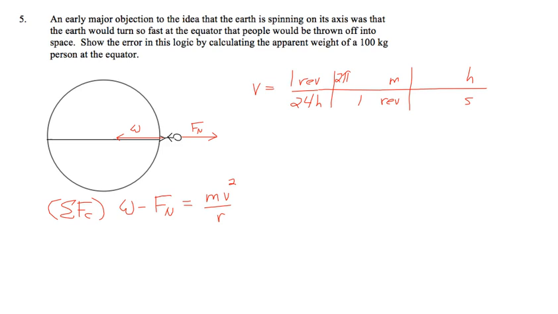The radius of the Earth is 6.38 times 10 to the 6th meters. And in 1 hour, how many seconds are in 1 hour? 3,600.